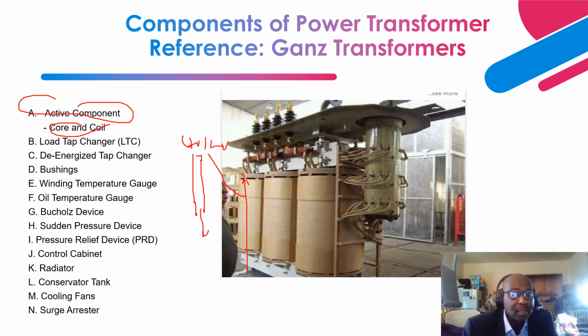over the core is an insulation material to provide a ground plane to the low voltage winding. So right on top of the insulation on the core is your low voltage winding. Then over the low voltage winding is the high voltage winding.